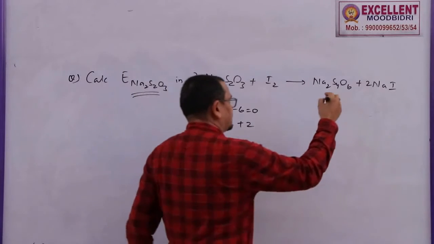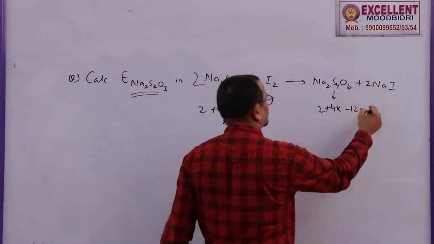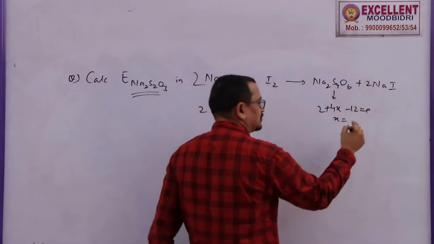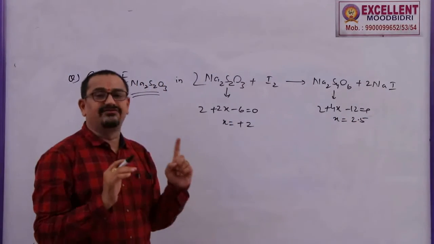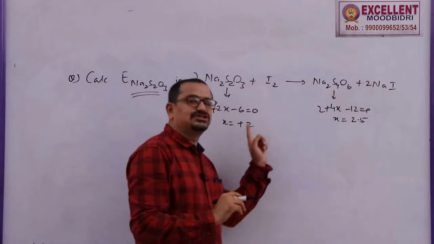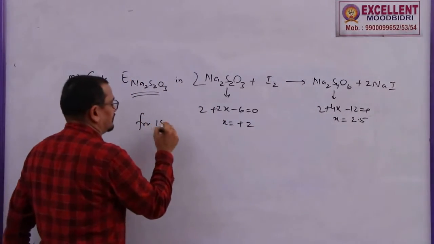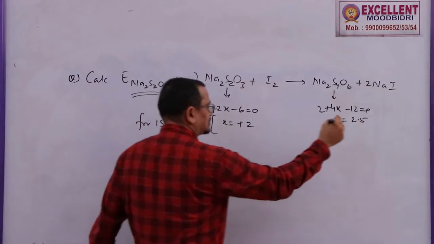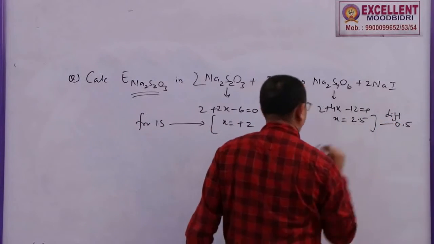When it comes here, it is 4 sulfur. 4x plus 2 minus 12 equals 0. x equals 2.5. So the oxidation number of each sulfur is changing from plus 2 to 2.5. So for one sulfur, the difference in oxidation state is 0.5.